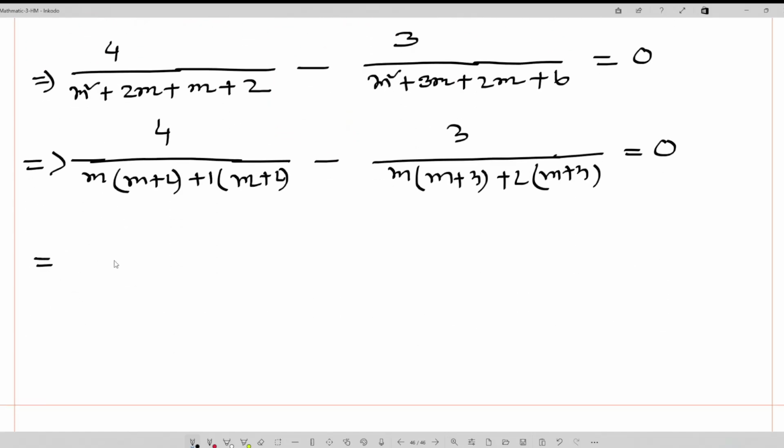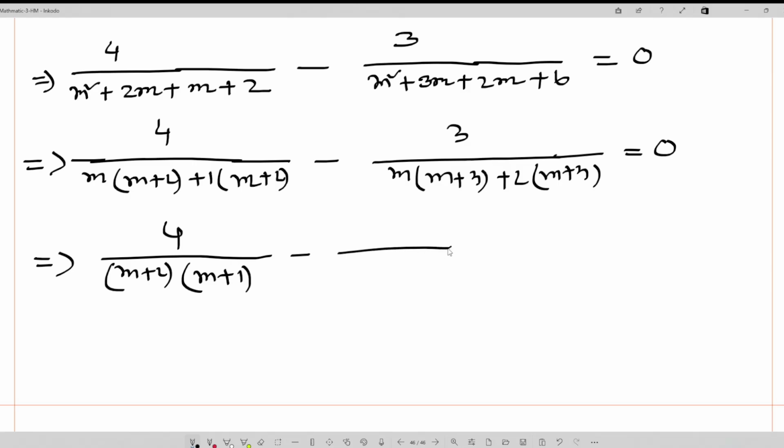Then we can take common m plus 2, so here is m plus 1, minus 3 over m plus 3 common, so here is m plus 2 equal 0.